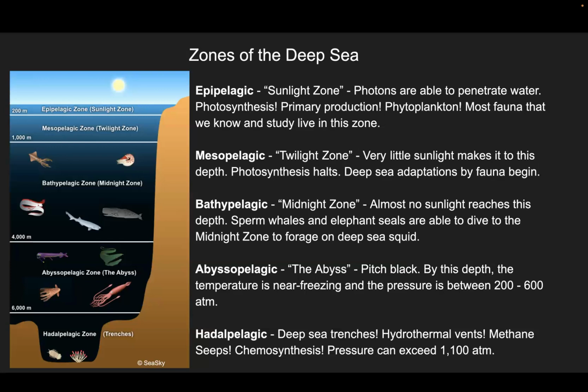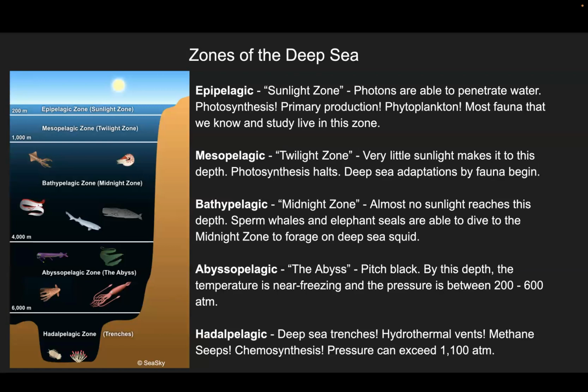Next up, we have the bathypelagic zone. This is known as the midnight zone. Almost no sunlight reaches this depth, so almost no photons are able to penetrate to the bathypelagic. Sperm whales and elephant seals are able to dive to this midnight zone to forage on deep sea squid.